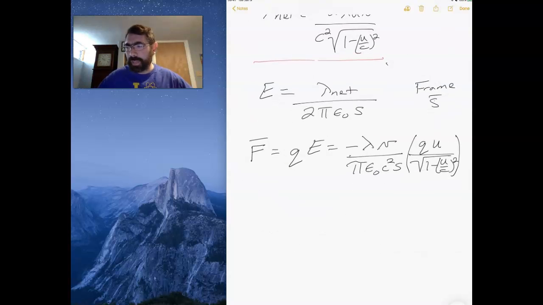In the frame S now, what force would they see?